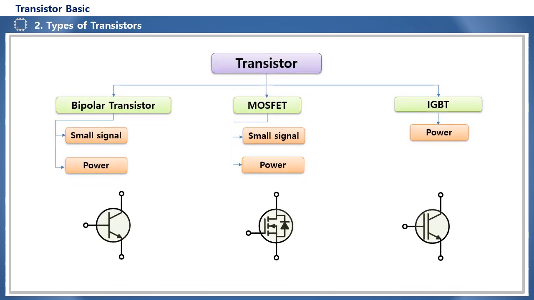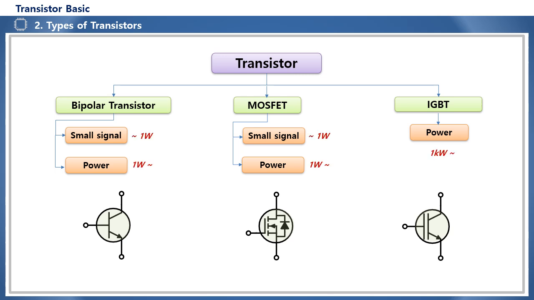Transistors are classified into bipolar transistors, MOSFETs, and IGBTs depending on their structure and operation method. All three of these are switching elements that change the resistance value between channels by the current or voltage of the control terminal, thereby turning them on and off. Bipolar transistors can also perform amplification, but recently they have been replaced by dedicated ICs or op-amps, and are mostly used for switching purposes.